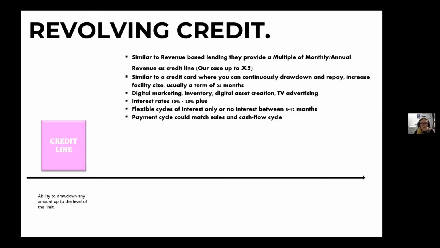The interest rates are slightly better because they're very transparent at the onset. So you don't have this challenge of, oh, I'm drawing down 50,000 and I don't know when I'm going to be paying back, so I don't know the annualized interest rate of that capital that I'm deploying. Actually, this is upfront.